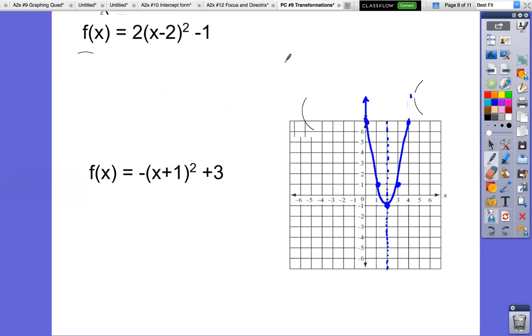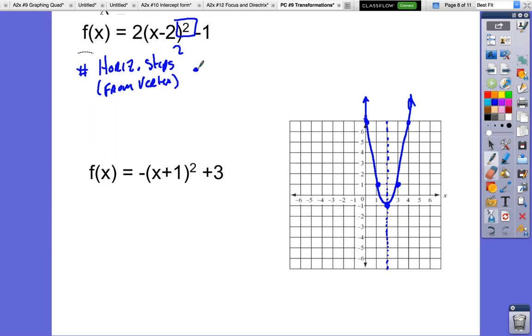You have a simple equation. The squared is what helps you remember this, but as always, your horizontal steps squared. So your number of horizontal steps squared from the vertex, times A equals the number of vertical steps.